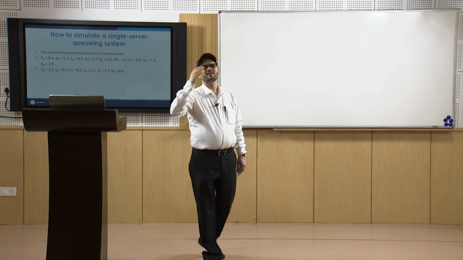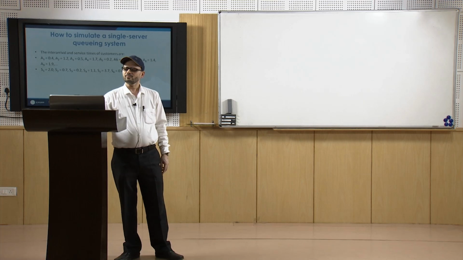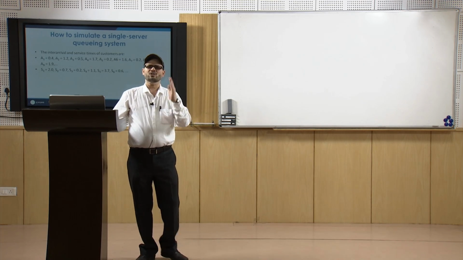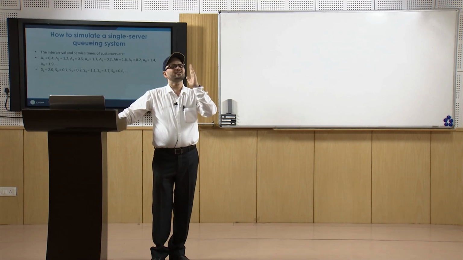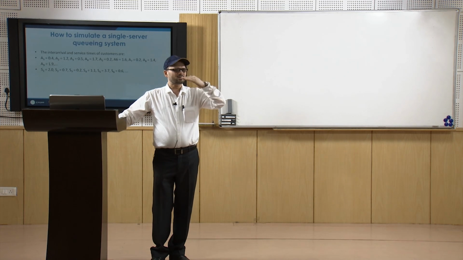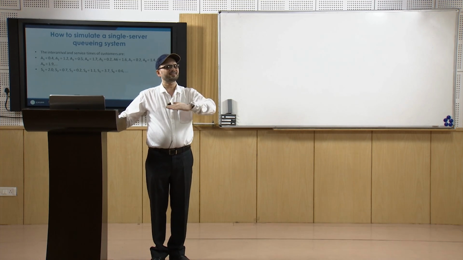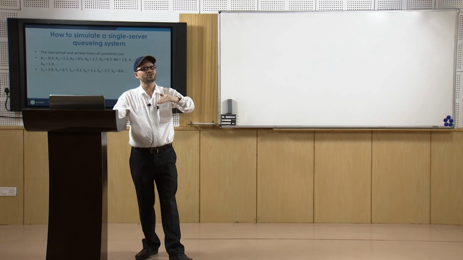Then we will have the clock, which will talk about the timings. It will tell what the present time is, the time at which the last event or present event is occurring, that is, the present simulation clock time.